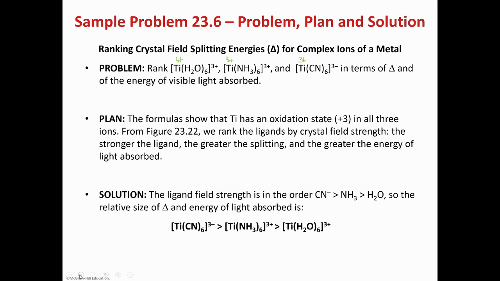So if I were to write these out, the water has the smallest gap. Then the ammonia has a little bit bigger gap. And then the cyanide, CN minus, has the largest gap. So this is our biggest crystal field gap compared to this one, compared to this one.